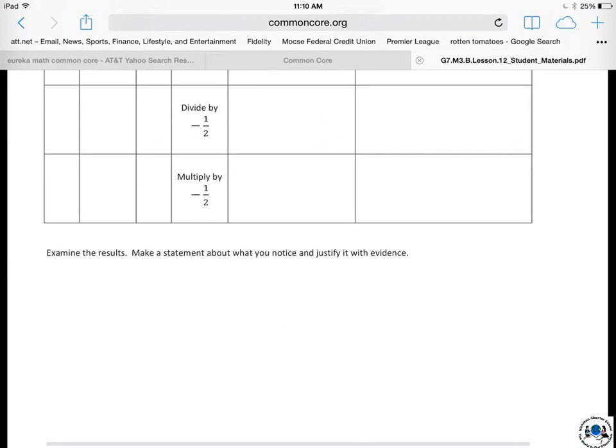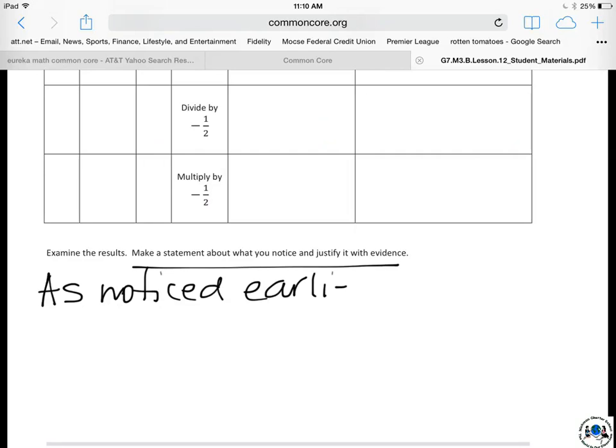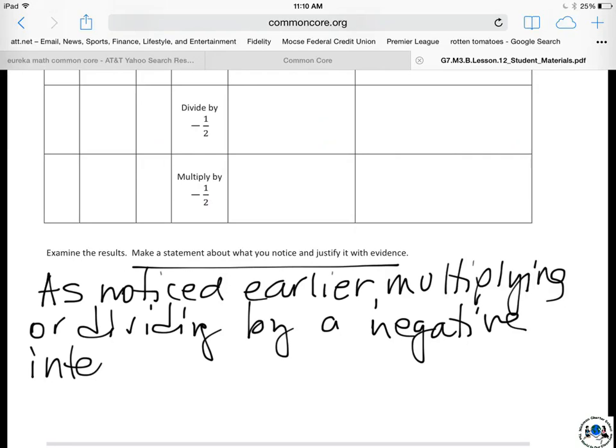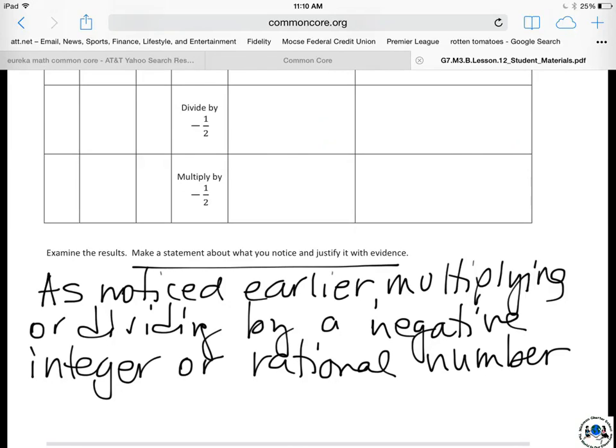So if we examine our results and make a statement, we could say, as noticed earlier, multiplying or dividing by a negative integer or rational number reverses the inequality.